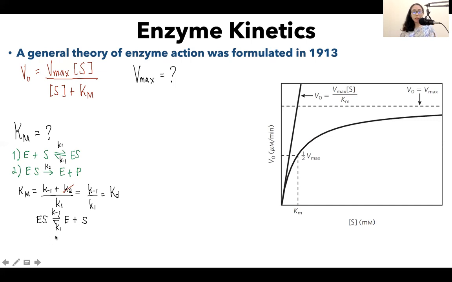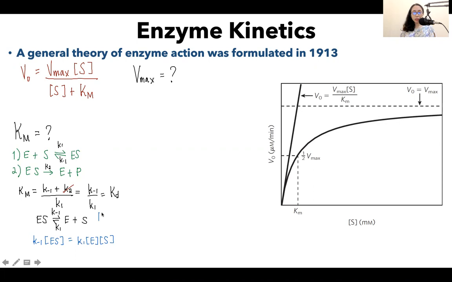So recall the definition of equilibrium. When we say equilibrium, the rate of the forward reaction is equal to the rate of the backward reaction. So the rate of the forward reaction is K negative 1 times ES, and the rate of the backward reaction is K1 times E times S.